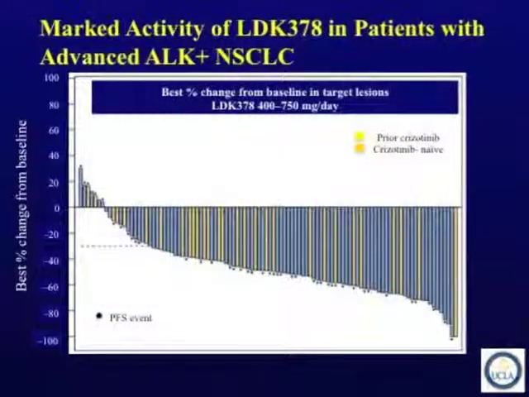The interesting thing here, and unfortunately I'm looking and I see that the key has yellow and yellow, which is not a particularly helpful way of looking at it, but in the end it doesn't matter because the response rate really tended to be almost identical in patients who had received prior crizotinib or Xalkori as patients who did not. That is very exciting, particularly for those of us who have been treating EGFR mutant lung cancer for a long period of time, because in EGFR mutant lung cancer, we do have several second-generation EGFR inhibitors.